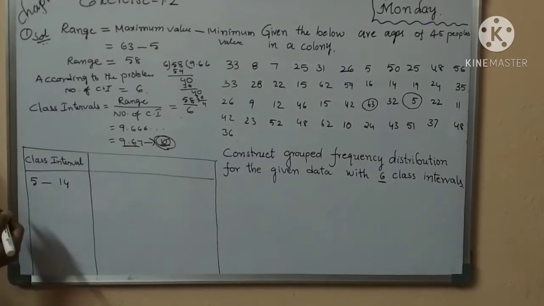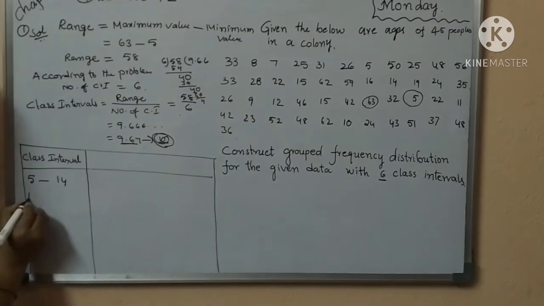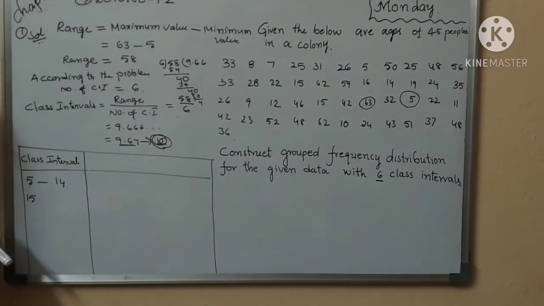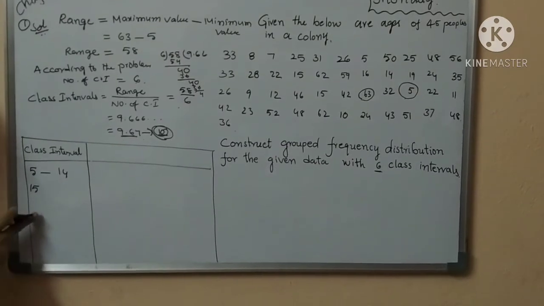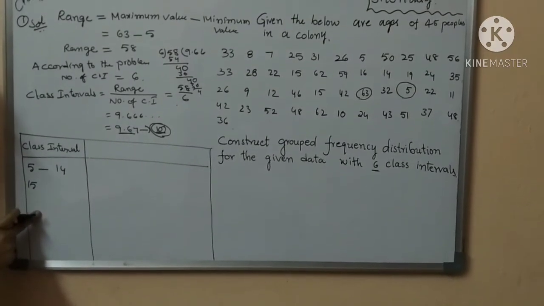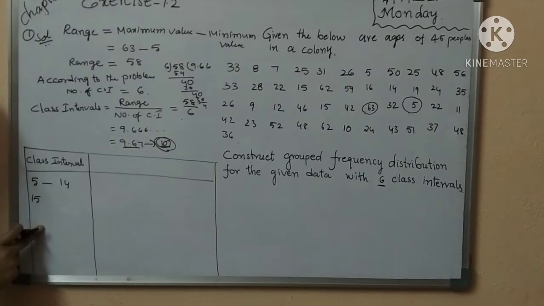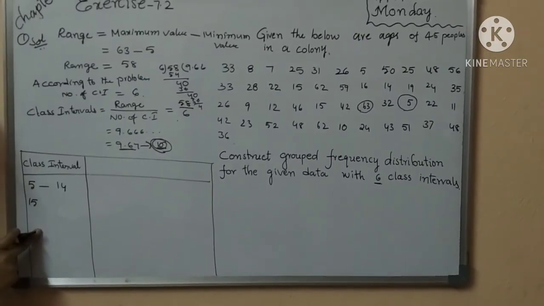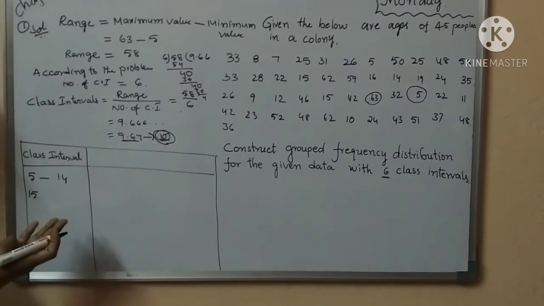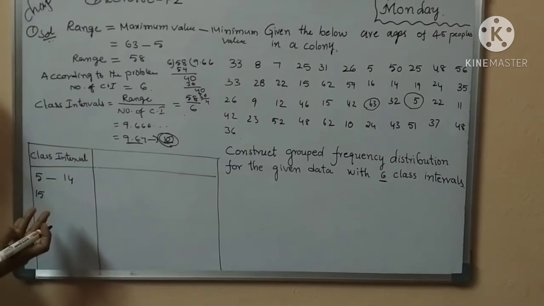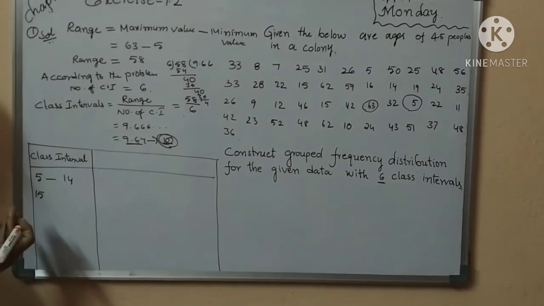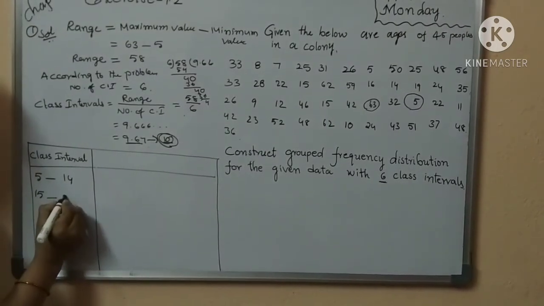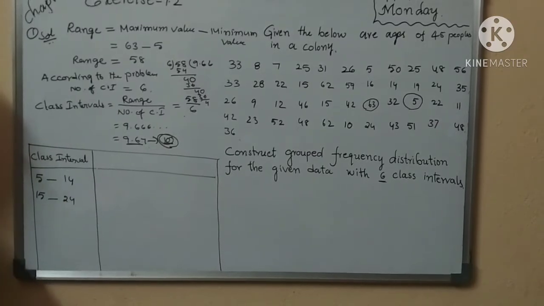Next, after 14 comes 15. What type of interval is it? Inclusive class intervals. Okay. So next, 15, 16, 17, 18, 19, 20, 21, 22, 23 and 24. 15 to 24.